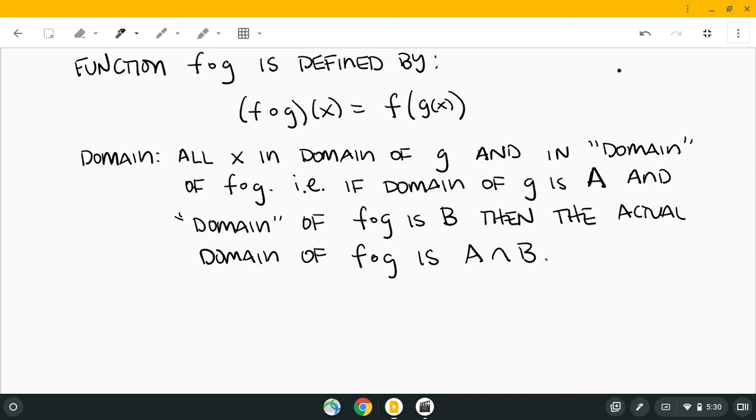But because it comes from the composition of a function, then you have to take this function that we're plugging in into account when we figure out the domain. So if you end up getting this new function when you do this composition and you're like, oh, the domain of this new function is all real numbers except for 0, you also have to exclude anything that is outside of G's domain.